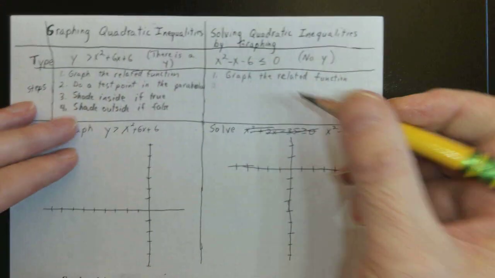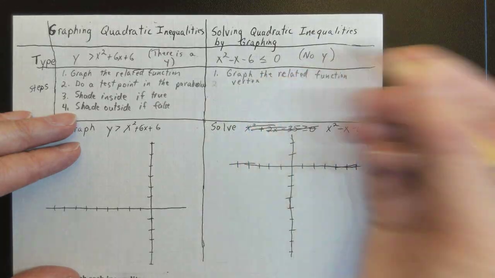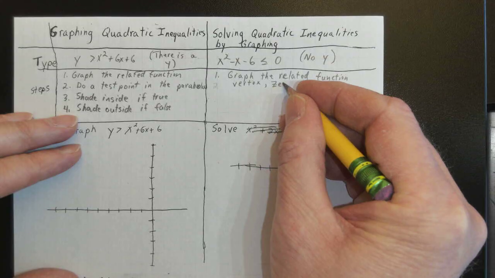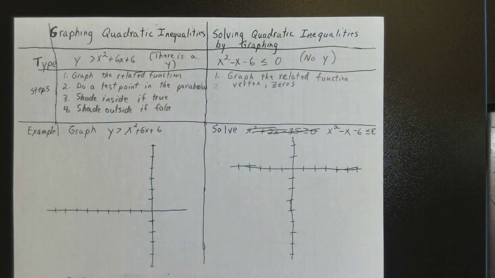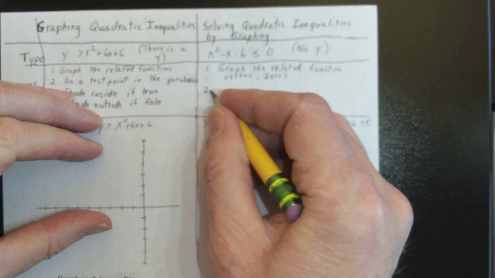All right, second thing. When you graph, the important points, make sure you get the vertex, and the zeros. Make sure those are absolutely on it.